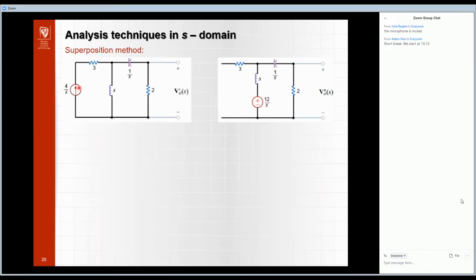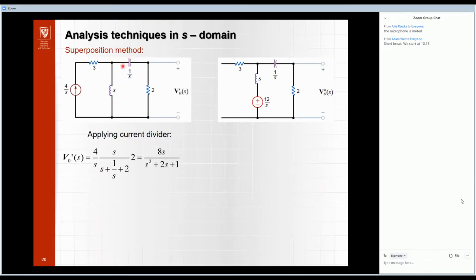Okay, and now for the first circuit, we are applying the current divider, and in the denominator I put all impedance.